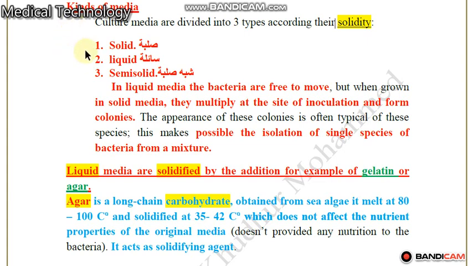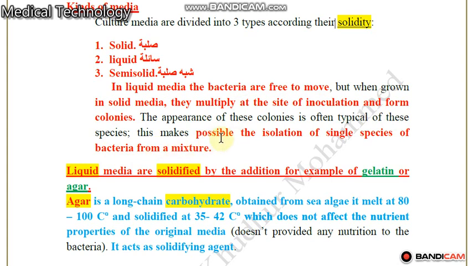So the types of culture media are solid, liquid, and semi-solid. In liquid media, the bacteria are free to move. In solid media, the bacteria multiply on the surface of the culture media at the site of inoculation and form colonies.